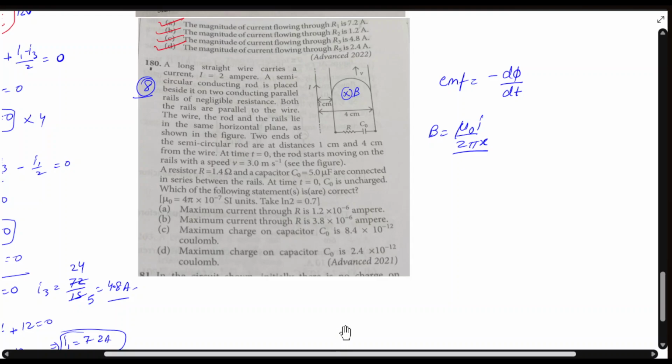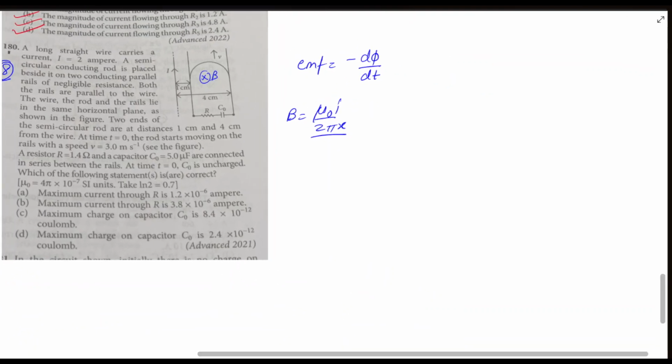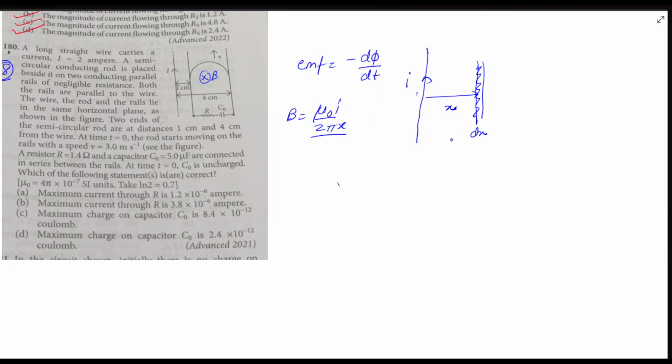Then only we can find the potential difference. So look, this is our wire carrying current I, and at a distance x we can take an integrating element dx, right? On this, the magnetic field will be mu naught I upon 2 pi x. Okay, are you getting it?